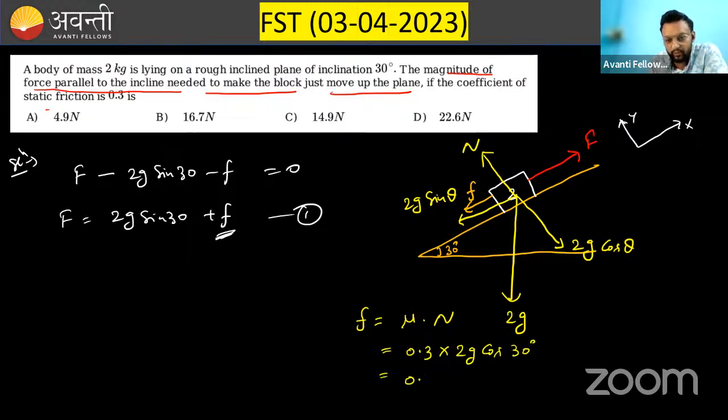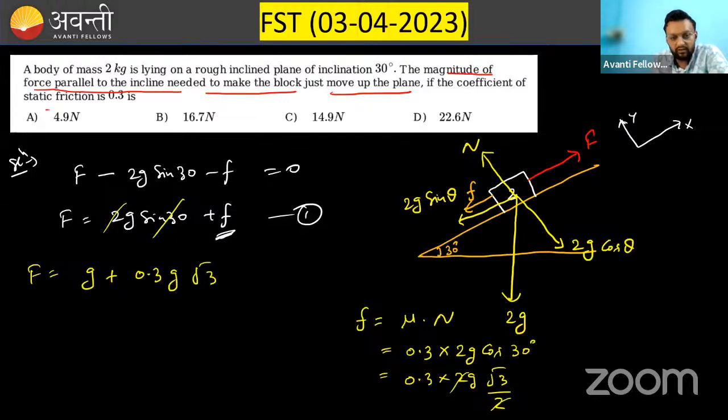We can put the value 0.3 into 2g cos 30, which is root 3 by 2. 2 and 2 will be cancelled. That is 0.3 g root 3. Now put the values. F is equal to sin 30 and 2 will cancel, that is g, plus frictional force is nothing but 0.3 g root 3. Now put the value of g and you will get the answer.